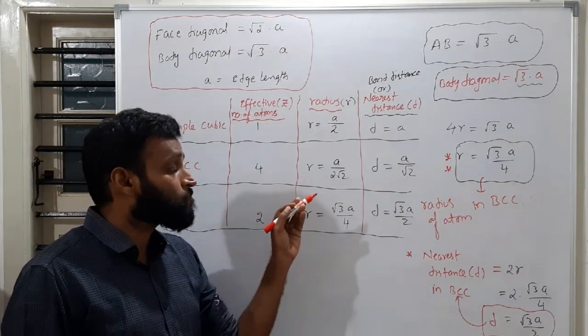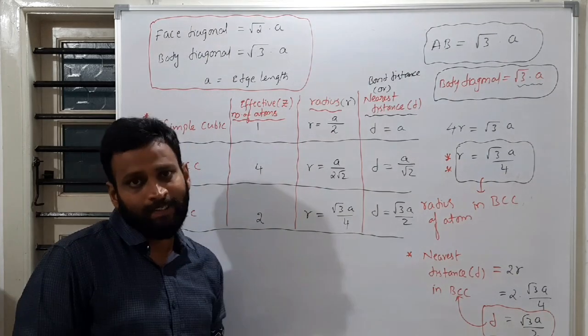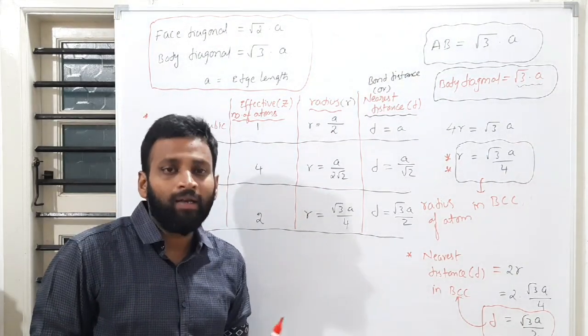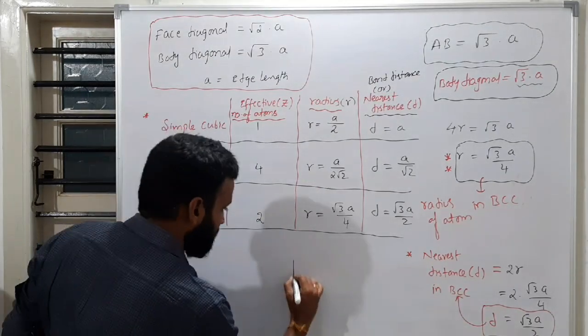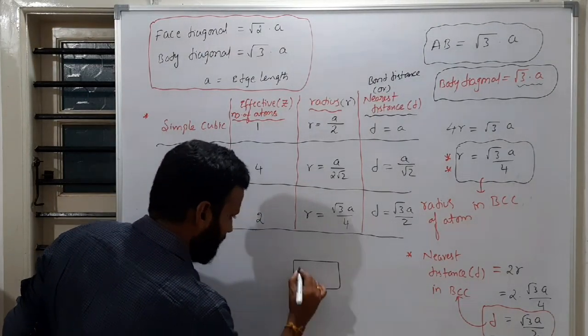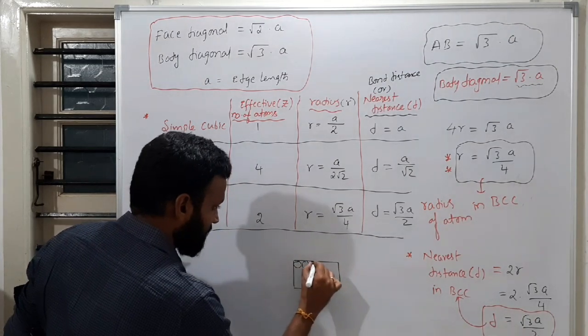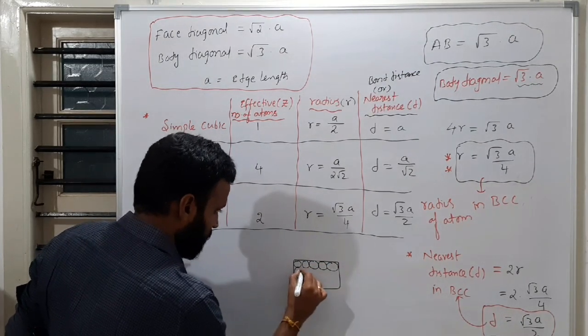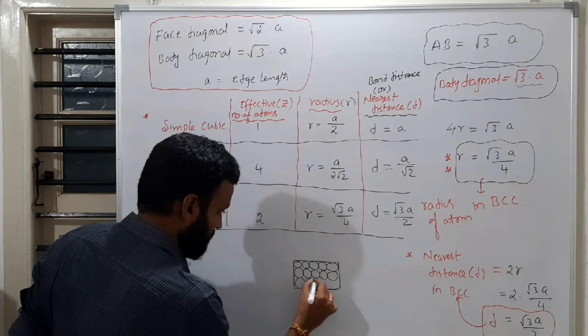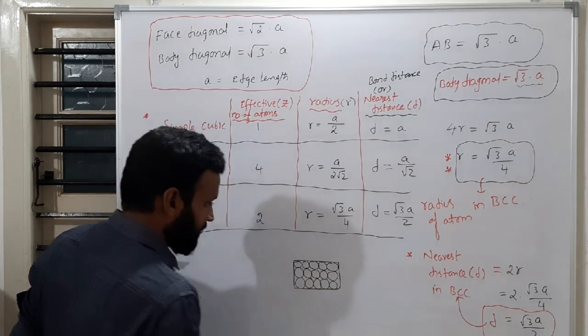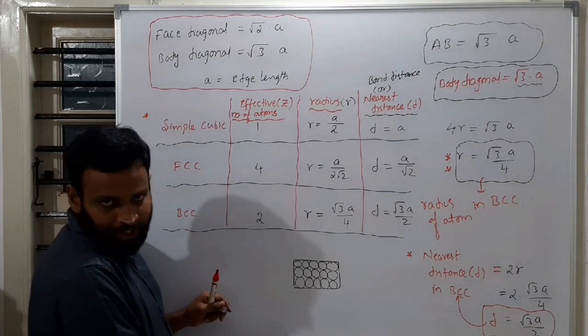Next, packing efficiency. Atoms are present in a cubic crystal in a regular arrangement. So when atoms are like this, for this particular unit cell, what is the packing efficiency?